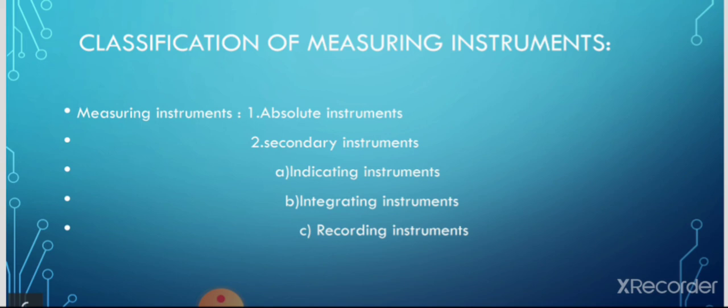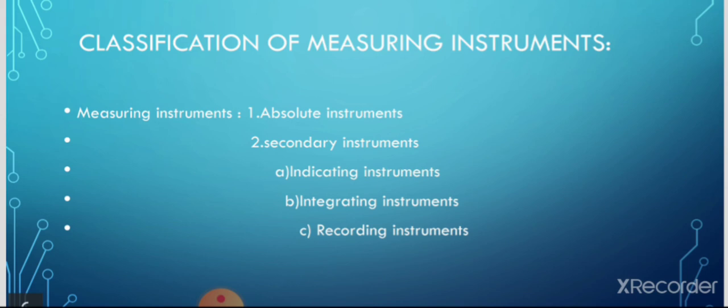Examples are voltmeter and ammeter. The next one is recording instruments. Recording instruments give a continuous record of the given electrical quantity over a specified period. Nothing but which gives a continuous record is known as recording instruments.